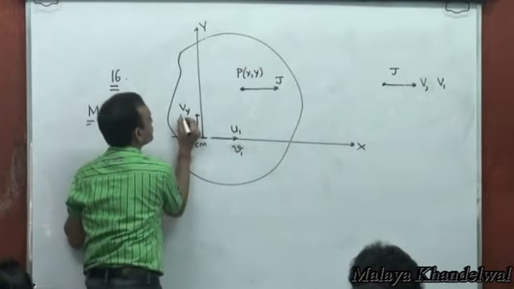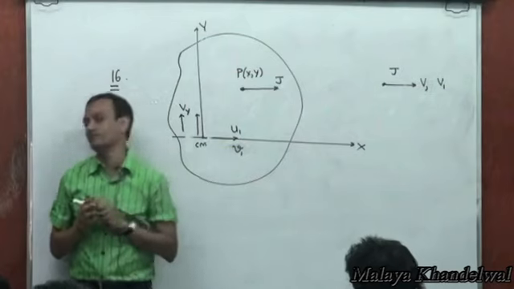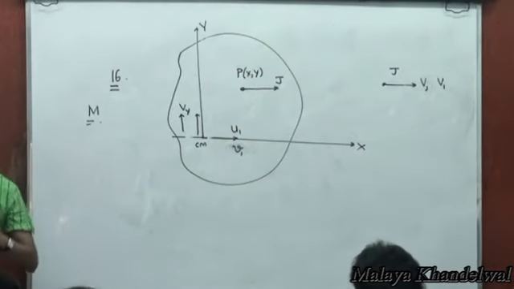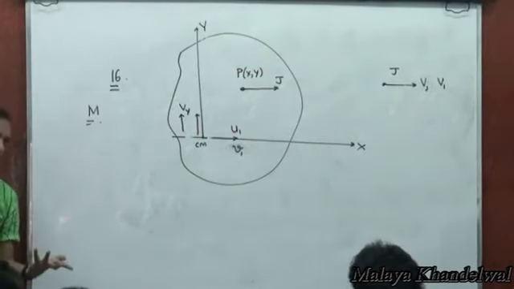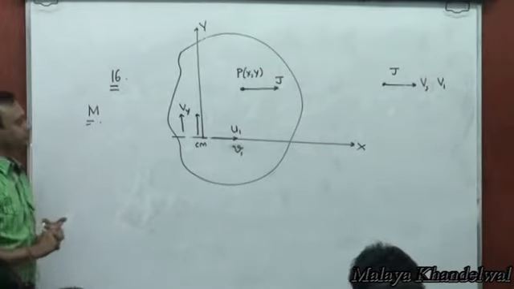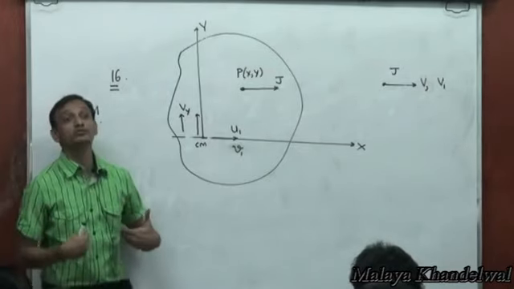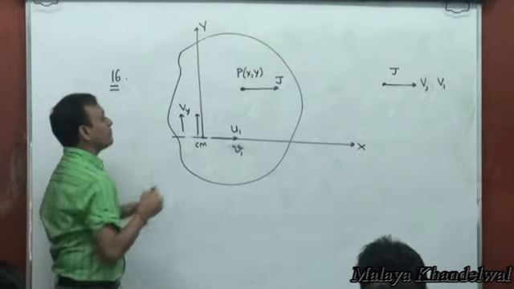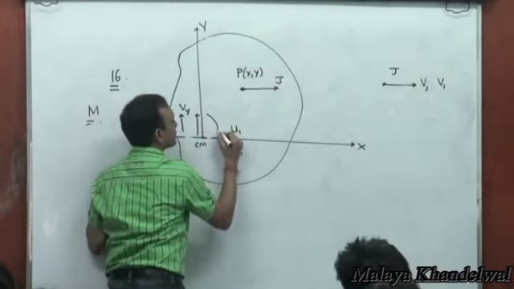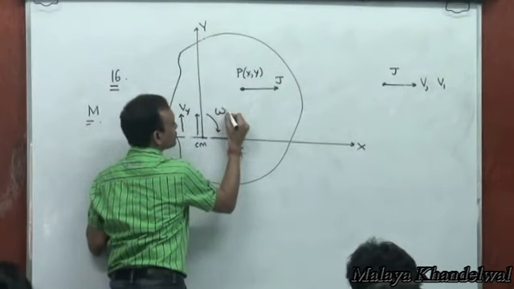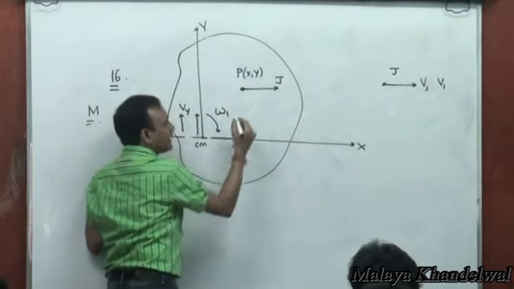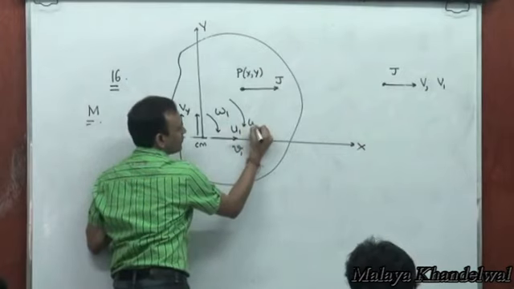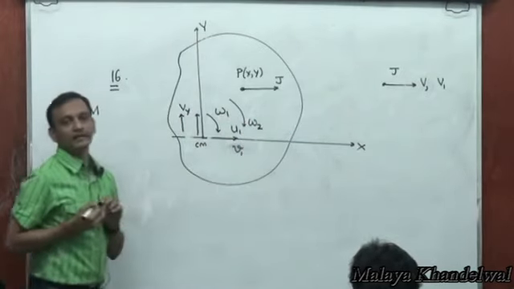Vy can't be changed by an impulse perpendicular to Vy. General rigid body motion means it must have had an omega also. So before the impulse, its angular velocity was omega 1, and after the impulse, omega 2 was the angular velocity.